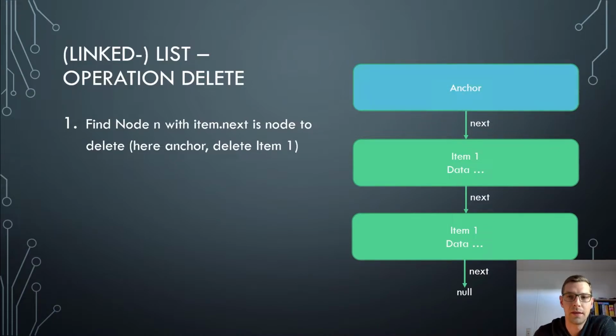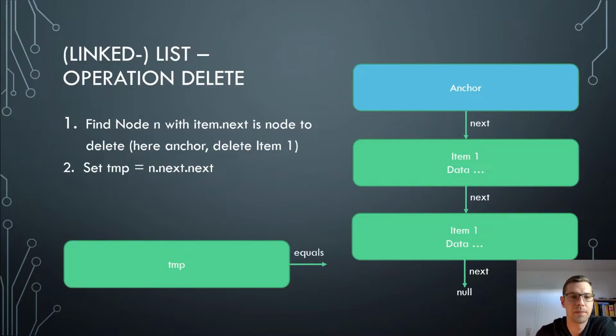Then we have found our anchor as the node n. And then we set a temporary pointer to item 2, and that is anchor.next.next, in this case the bottom item here in the list, in the picture.